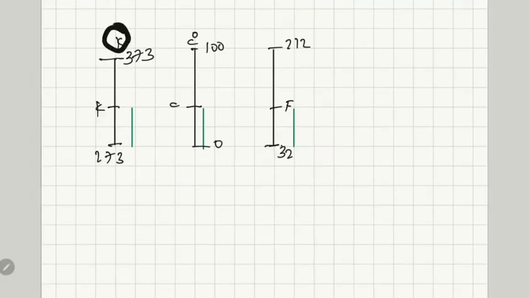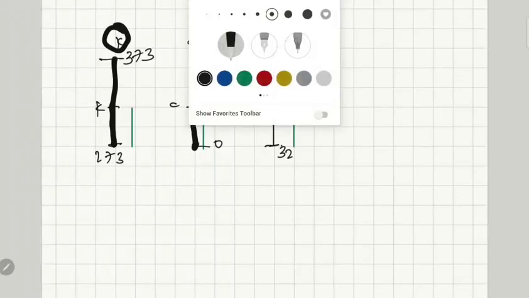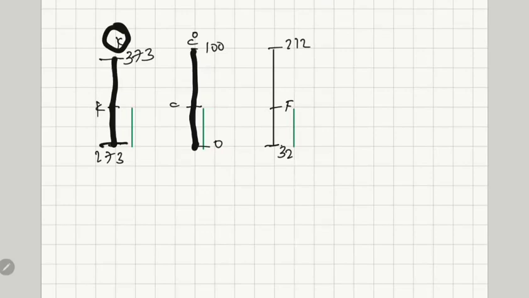Now, in Kelvin, we have the dark line, this one, the length of that dark line. In Celsius, this one, and the green line, the ratio of the length of the dark line to the green line remains the same because of proportionality. So now, what is the length from here to here?